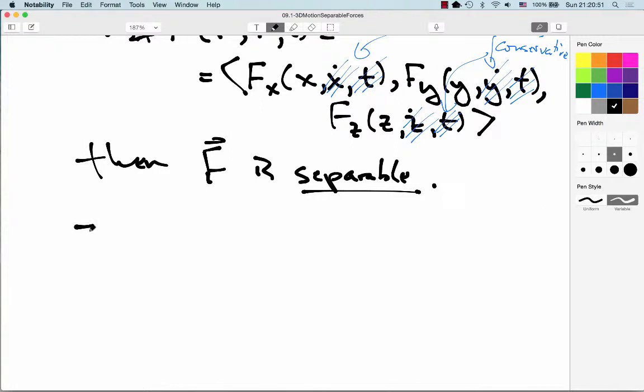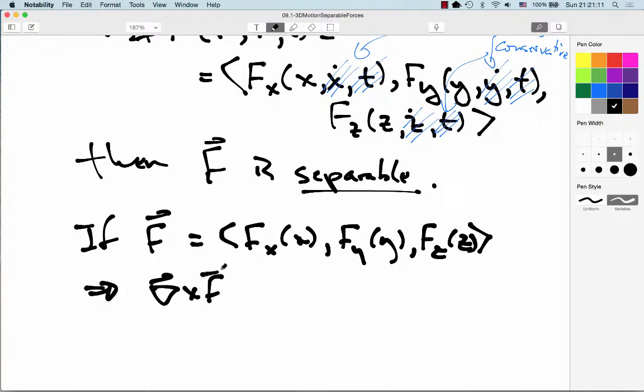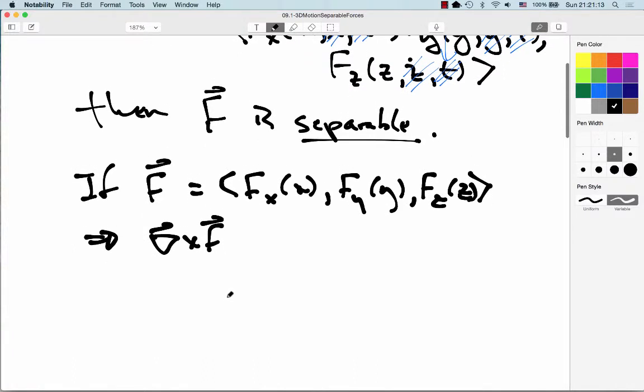Okay, so we can show that. If we can write our f in the form fx of x, fy of y, fz of z only, we can evaluate the curl of f, right?